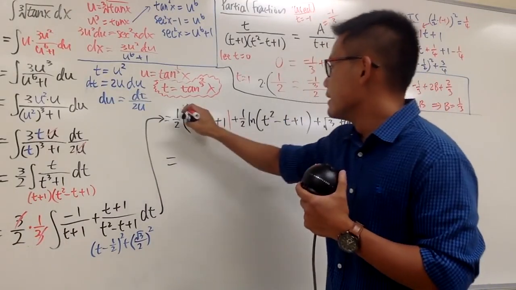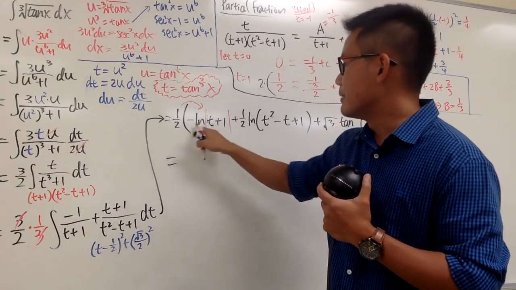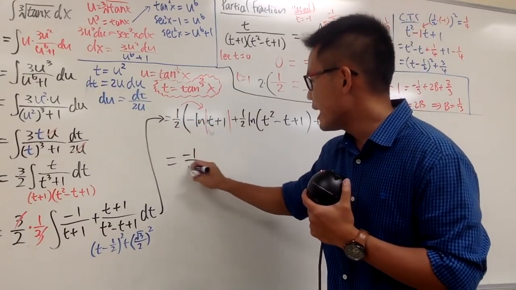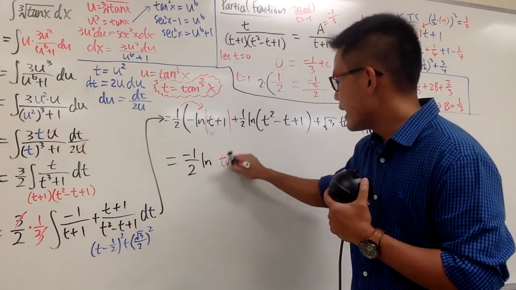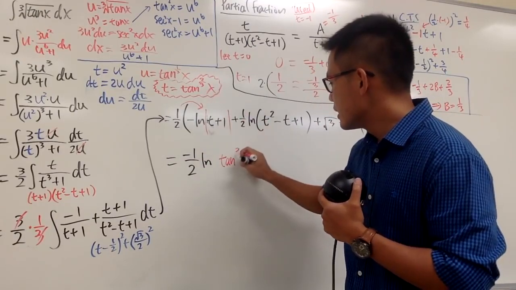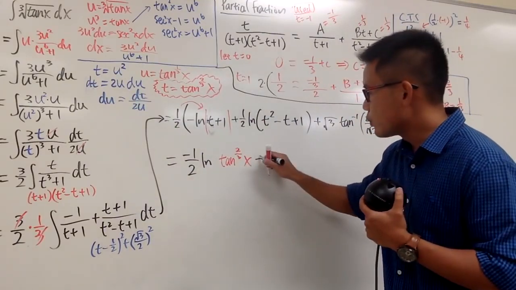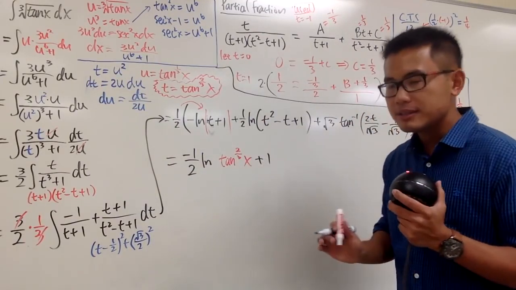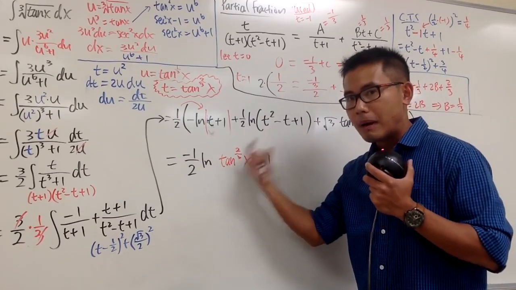Now, distribute. So we have 1/2 times that. So we have minus 1/2 ln. T is that. So let me just put down tangent to the 2/3 x, right? This is the t. And then I will put down plus 1. And now here's the deal. You know this is something to the second power, so it's positive, right?